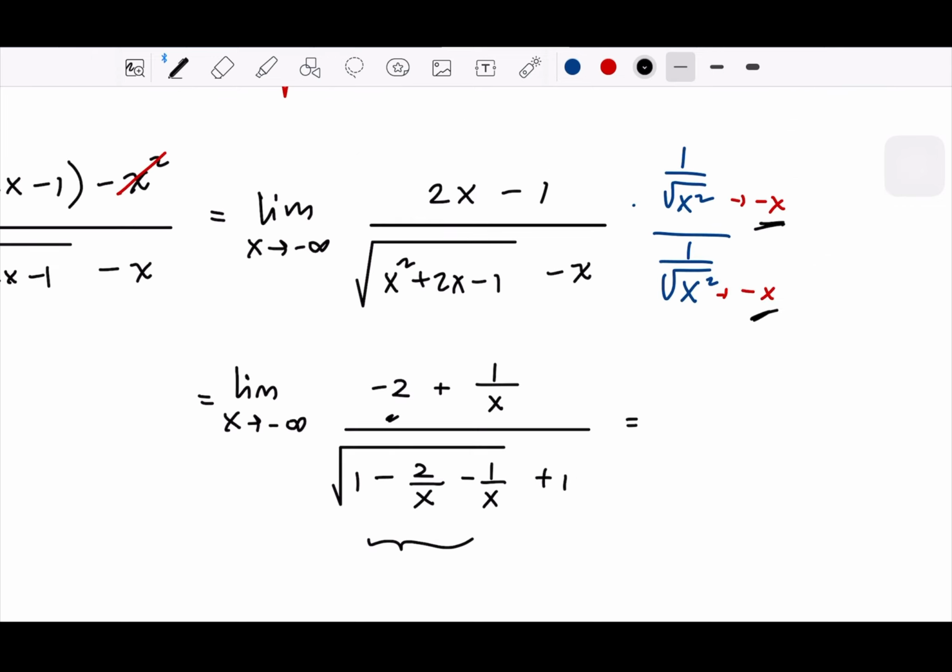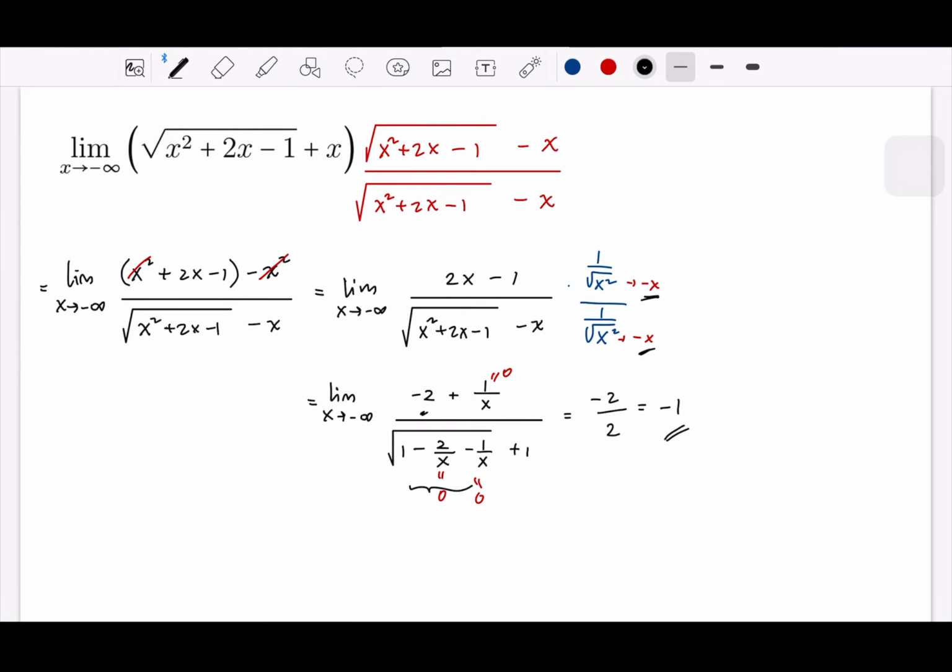So these will be 0, 0, 0, so we will have negative 2 over 2, so we have negative 1, okay? All right.